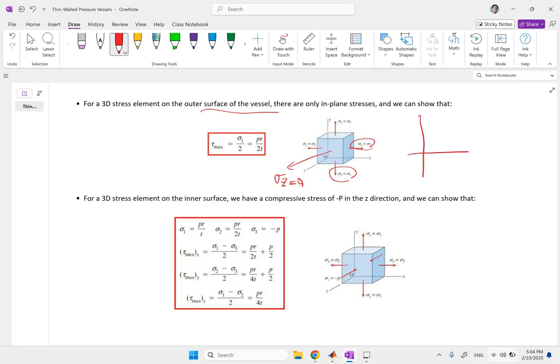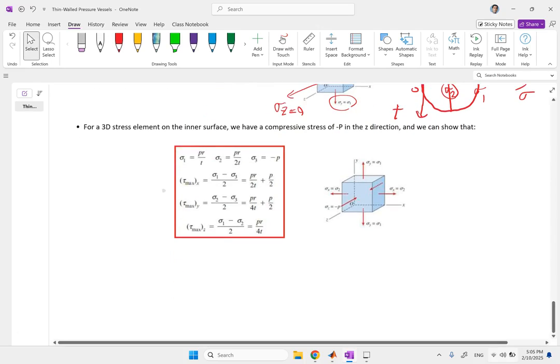Again, if you look at the Mohr circle, you have one stress here, one stress here, and one is 0. This is your sigma 1, this is your sigma 2, which is half of sigma 1, and this is 0. So clearly your max shear stress is going to be equal to sigma 2, or sigma 1 over 2.